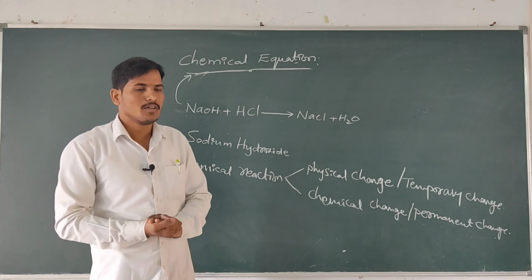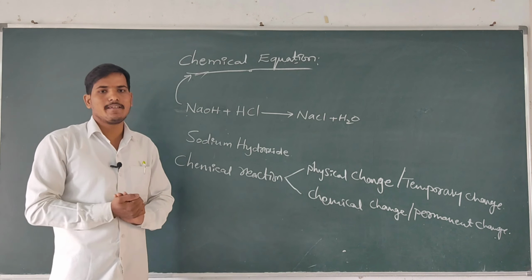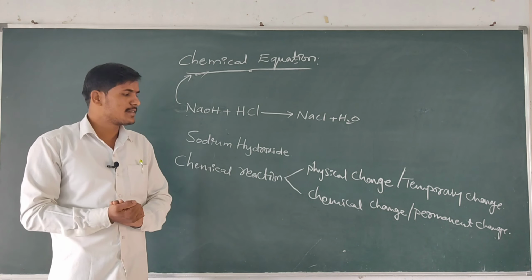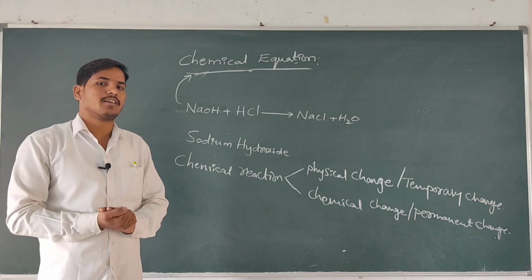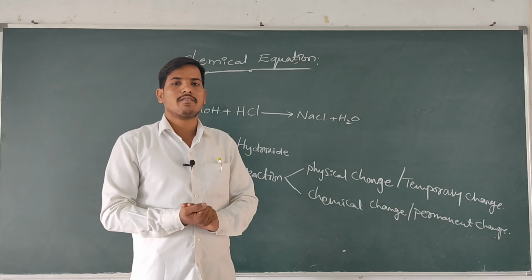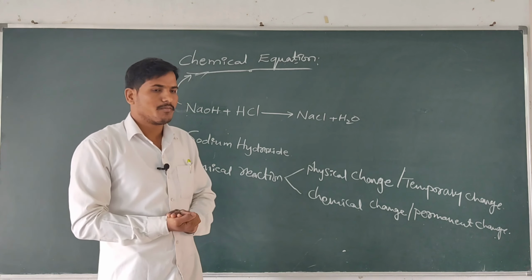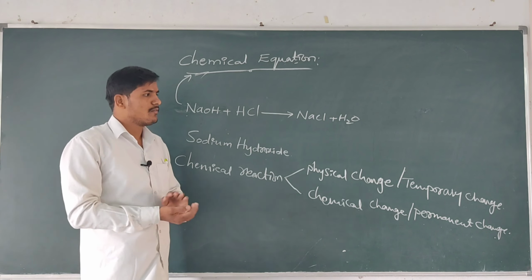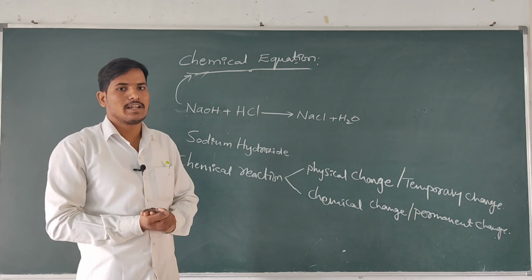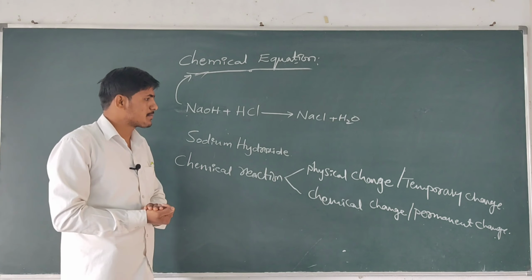In that, what changes appear indicate that a chemical change is taking place. When new substances are formed in a chemical reaction, they lose the characteristics of their original substances and get new characteristic properties.